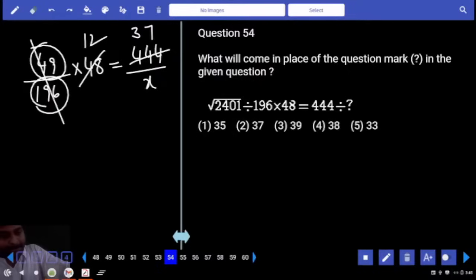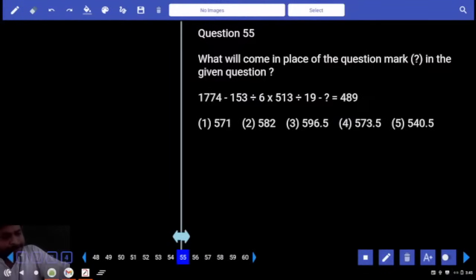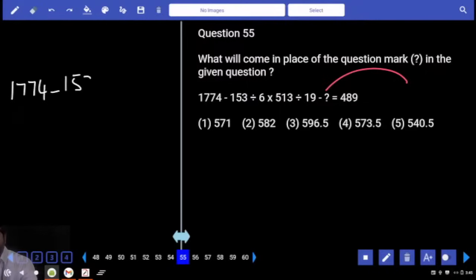కరెక్ట్ 37. ఫైన్. X goes to the other side. 1774 minus 153 by 6 into 513 by 19.